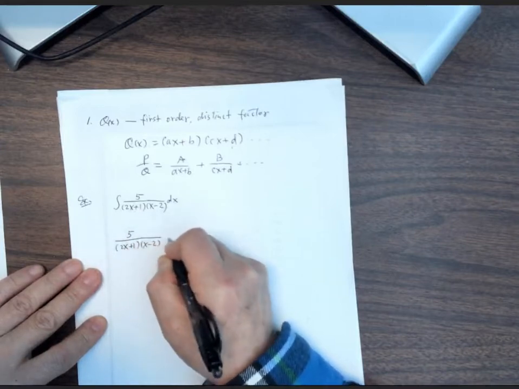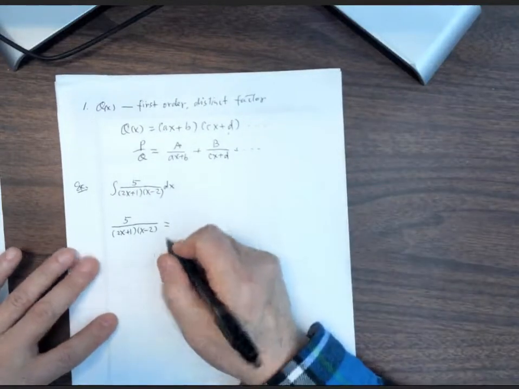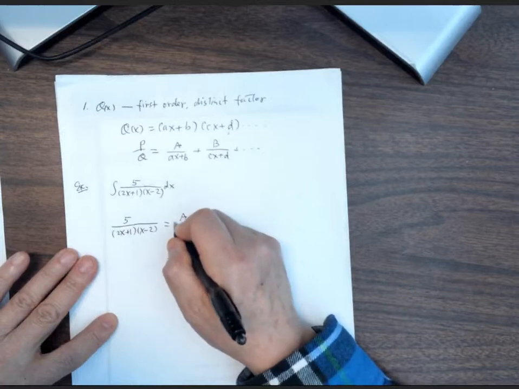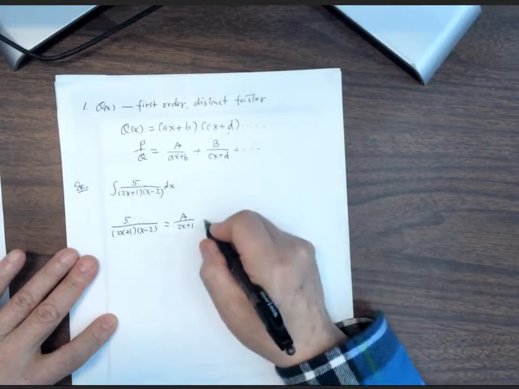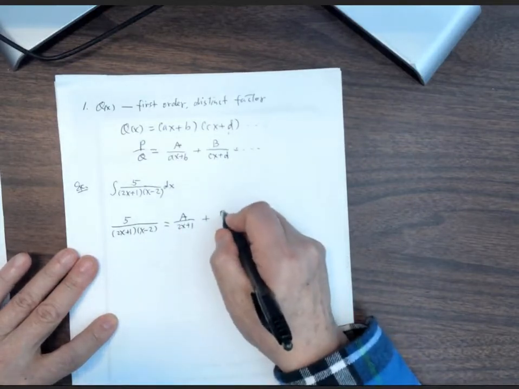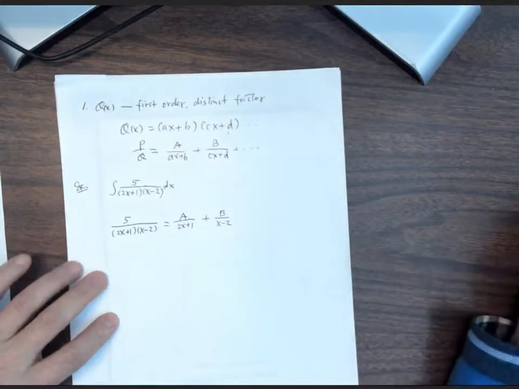Let's first do the partial fraction. 2x plus 1 is first order, so I'm going to assume A over 2x plus 1. x minus 2 is a different first order factor, so I'm going to assume B over x minus 2.